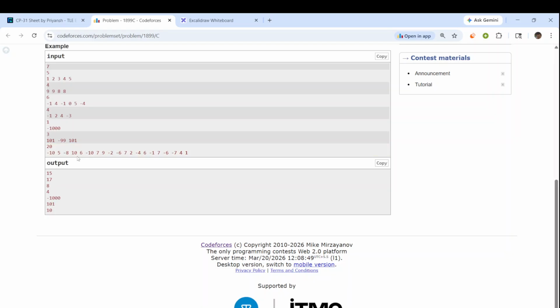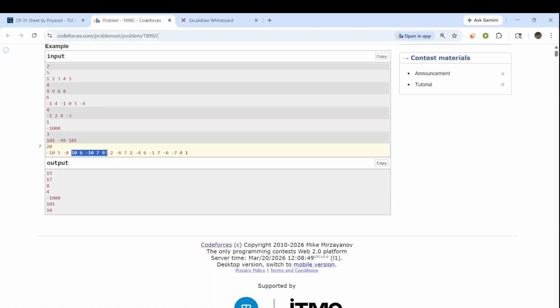So I think I should always take this 10 and 6. It will give me 16. The maximum answer is 16. Can I increase it more? This will also give me 16 minus 10. 16 plus 16 minus 10, what is that? So 22, I think. Yeah, so the answer is 22.